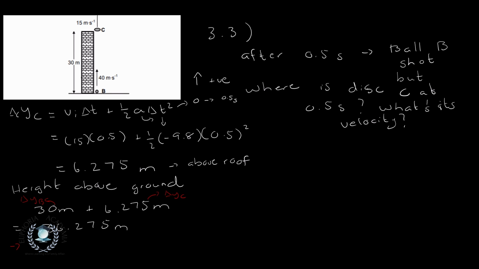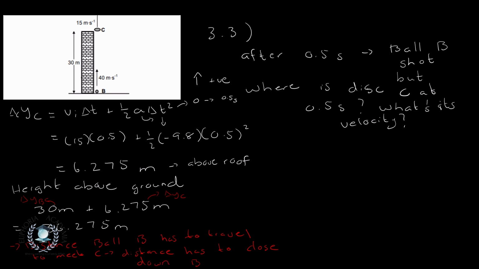This means that this is essentially the distance ball B has to travel to meet disk C. This is like the distance the ball has to close down in order to hit the disk.